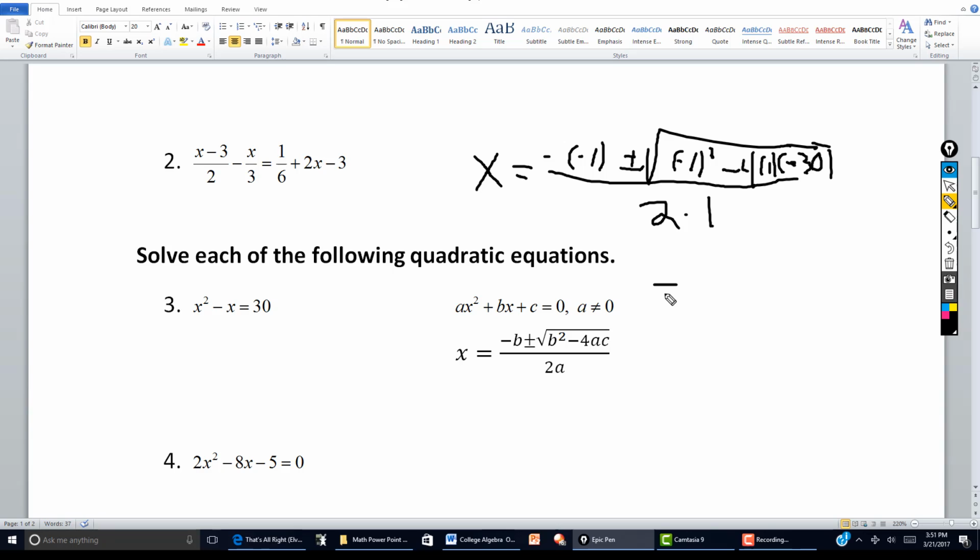Okay, so what do we have then? We have -(-1), that's 1, plus or minus the square root of, and then here it's going to be -30 times 1 times -4, that's a positive 120, and then -1 squared is 1, so 120 and 1 is 121. That's over 2.